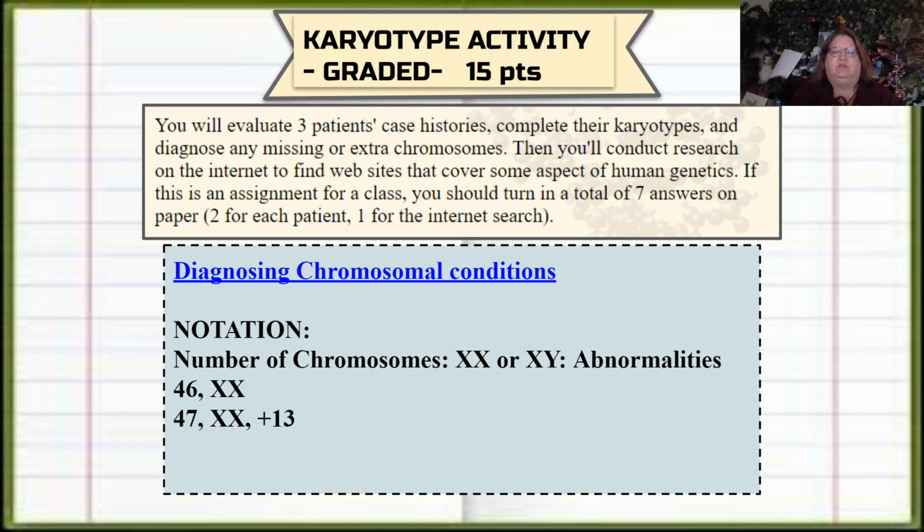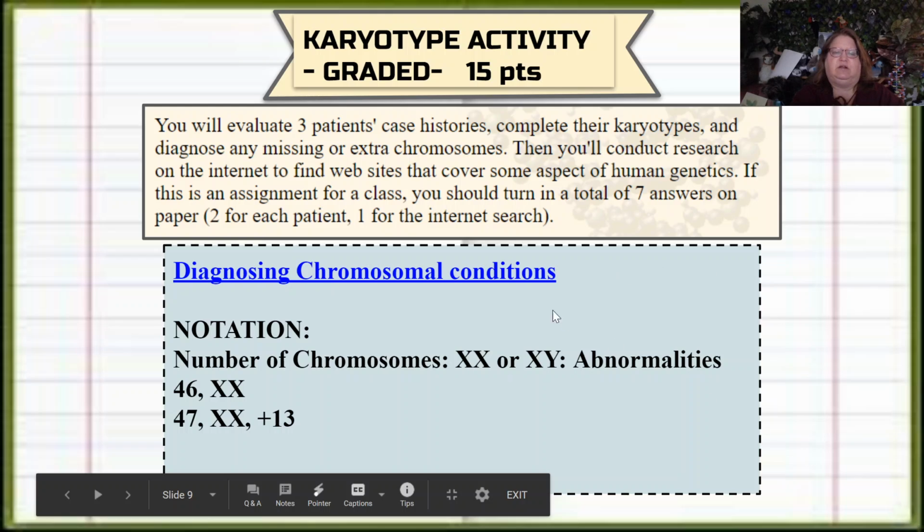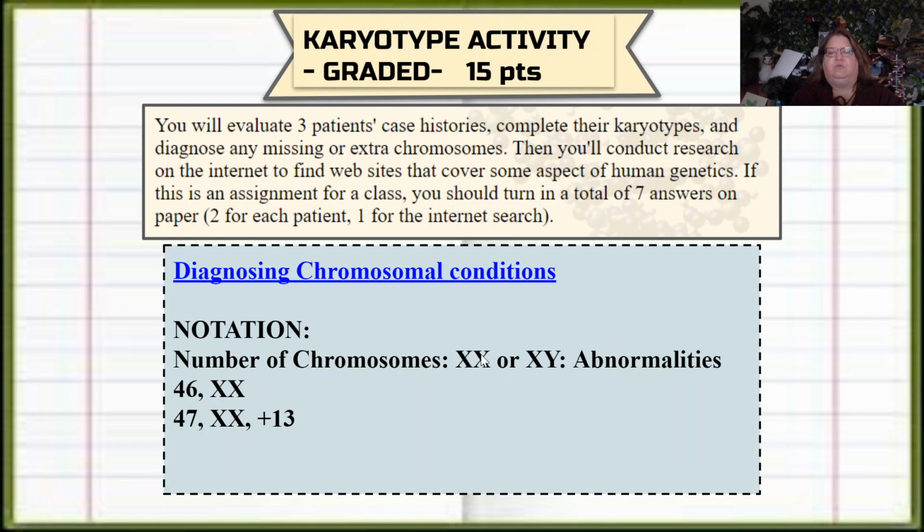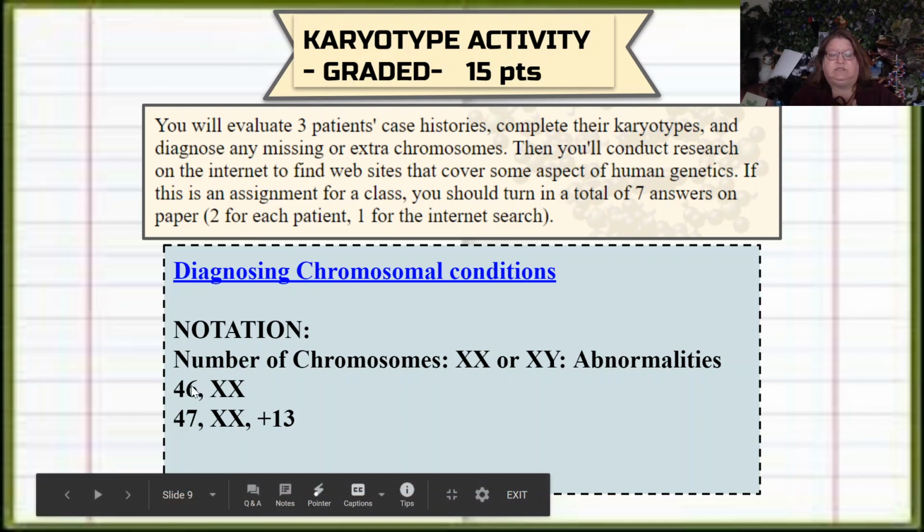The way you write the notation for a karyotype, you write the number of chromosomes, and then whether it's an XX or an XY, whether you have a girl or a boy, and then whether or not there are any abnormalities. So for instance, I have 46 chromosomes and I am XX.